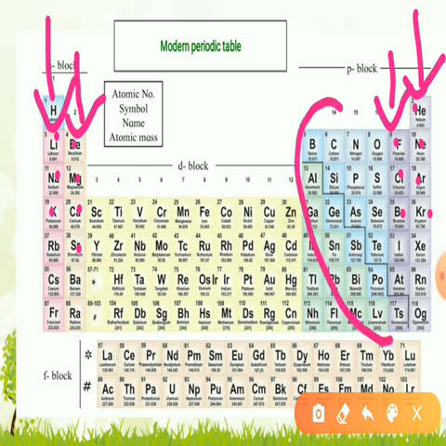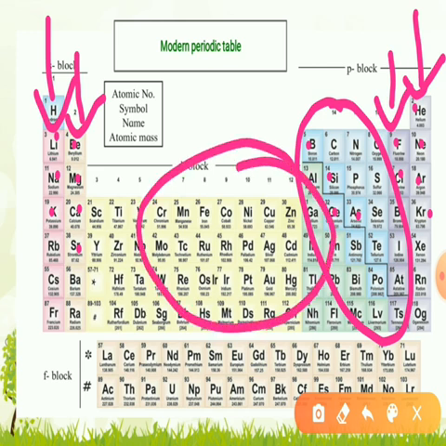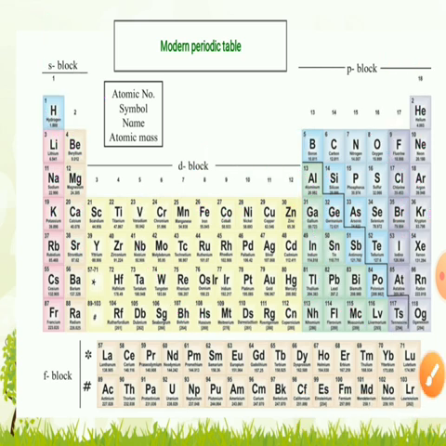Along with that, some metalloids, that is boron, silicon, germanium, arsenic, you also have to keep in mind, and some metals: iron, cobalt, nickel, copper and zinc. This you also have to keep in mind along with the first 20 elements.